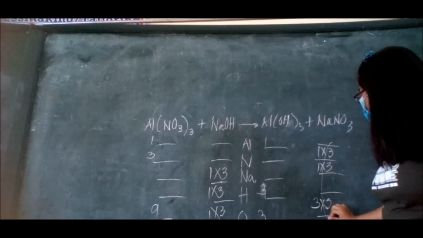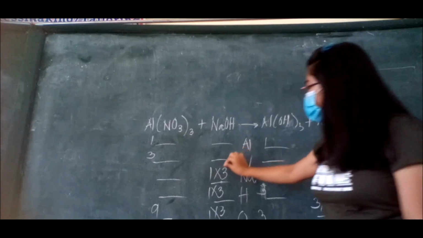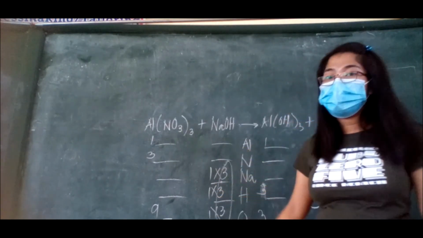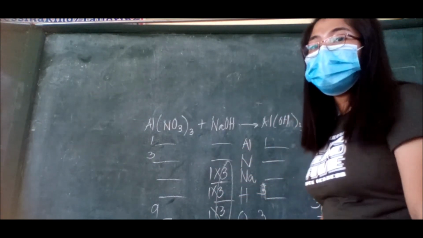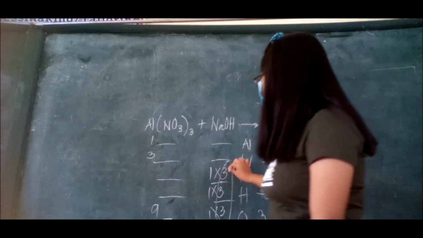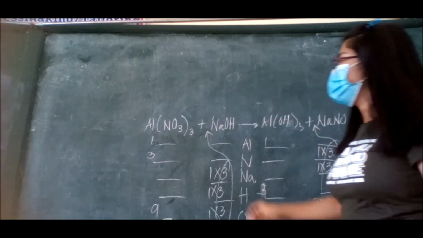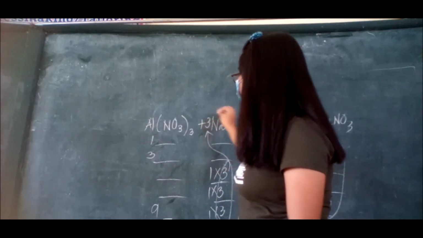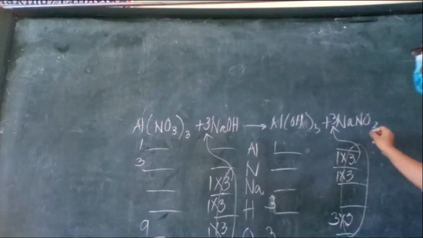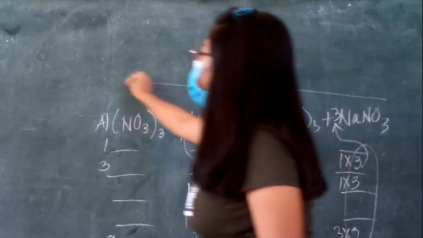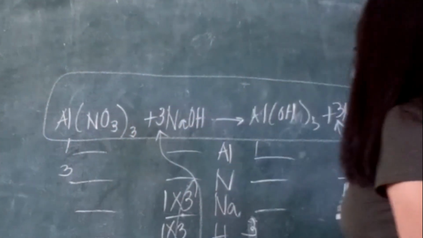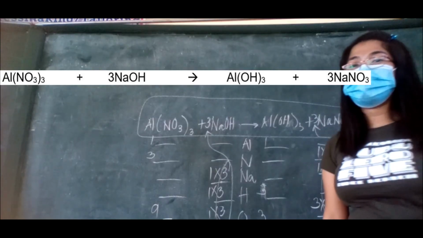Now, the numbers that we multiplied will serve as the coefficients of our compounds. So, we have 3 here and 3 here. This is our final balanced chemical reaction. It's quite easy, right?